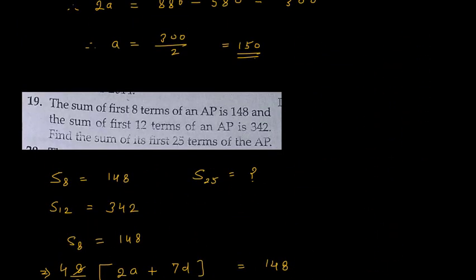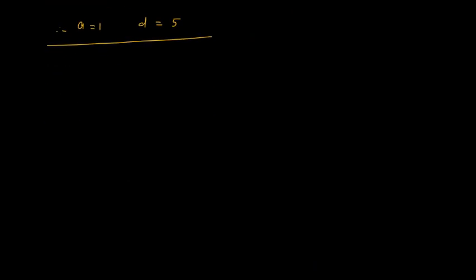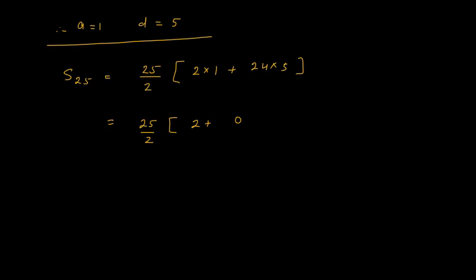Now we have to find the sum of the first 25 terms, S25. S25 is equal to 25 divided by 2 into (2 into a, which is 1, plus (n minus 1), that is 24, into d, which is 5). So this is 25 divided by 2. Here it is 2 plus 5 4s are 20, 2 5s are 10, plus 2, 12.